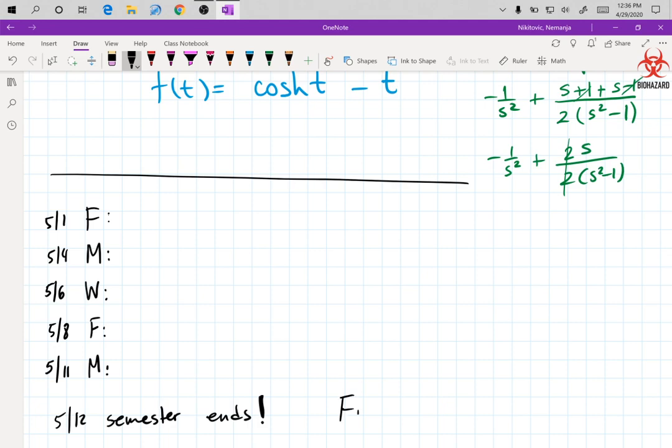So the final is going to be Sunday through Tuesday, which is 5/10 through 5/12. So that's 3 days.